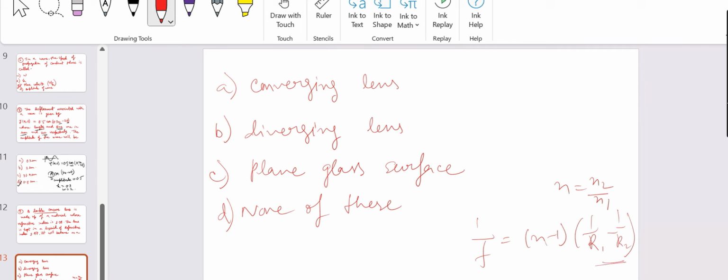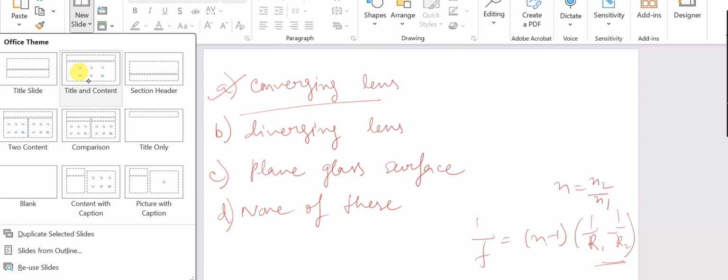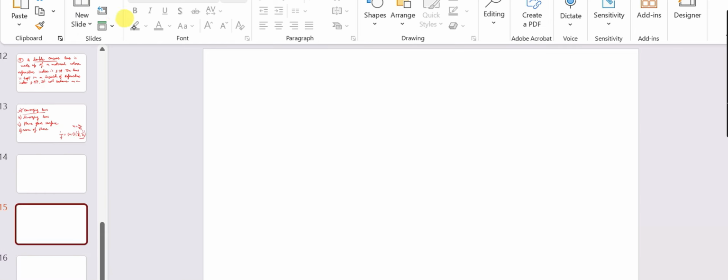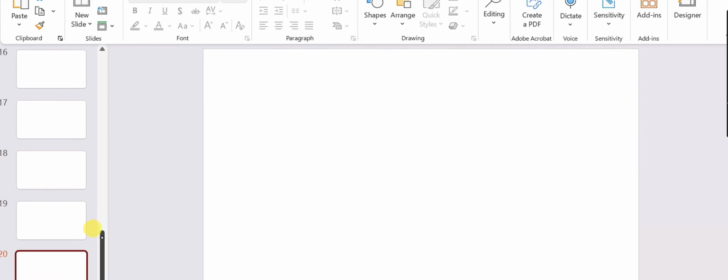So this gives a minus, and this gives a minus, minus times minus is positive, and that will behave as a converging lens. It was question number 8, and now question number 9.